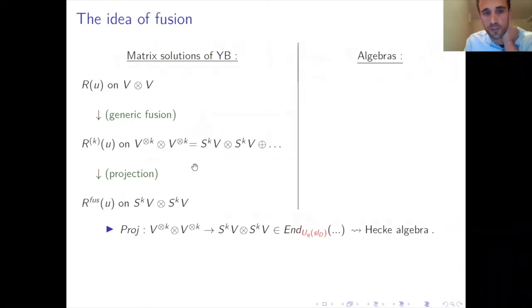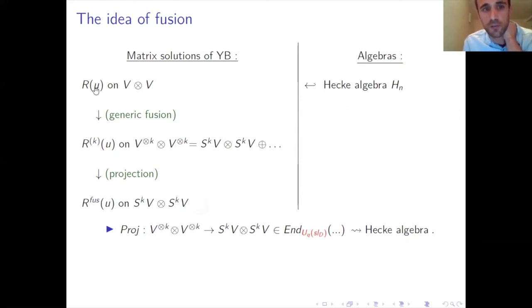Okay, so this was the sketch of the fusion procedure. So you will see how it's related to our question. So basically, our original question with Nicolas was like this. Can we understand this solution as coming from a Baxterisation formula? If yes, in which algebras and what is the formula? So the idea to answer is like this.